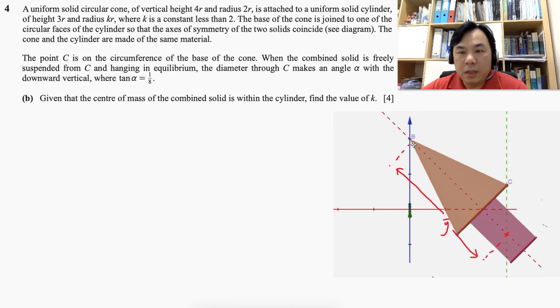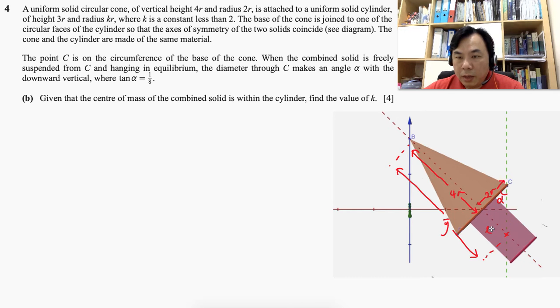But let's assume that it's somewhere here first. What they mention about alpha is actually this angle here. We know that the length here is 2r, and this is 4r, measured from here to here.